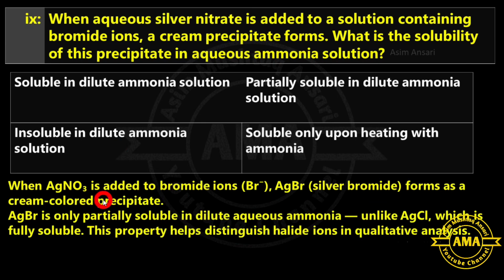There, when AgNO3 is added to bromide ion, AgBr, silver bromide, forms as a cream colored precipitate. AgBr is only partially soluble in dilute aqueous ammonia, unlike AgCl, which is fully soluble. This property helps distinguish halide ions in qualitative analysis. So B option, partially soluble in dilute ammonia, is correct.